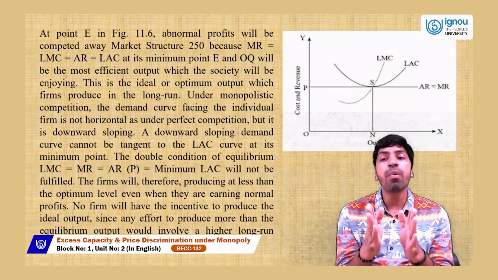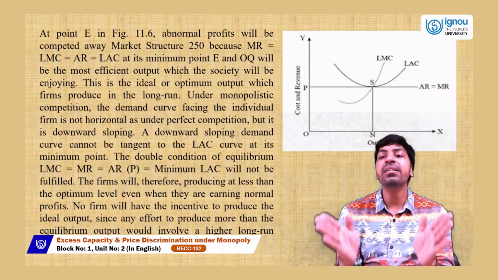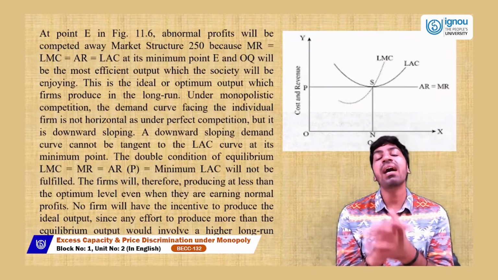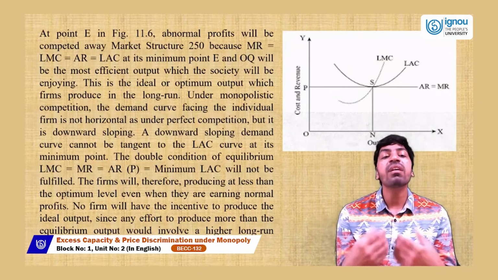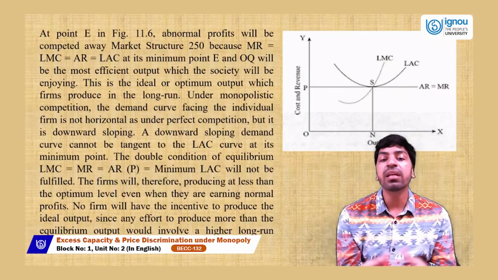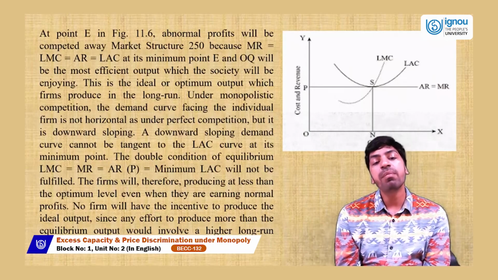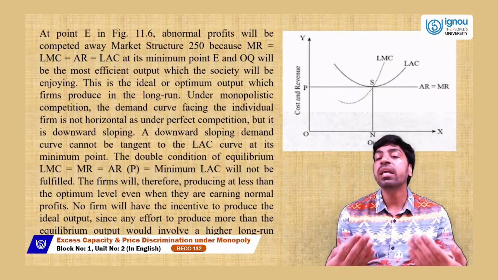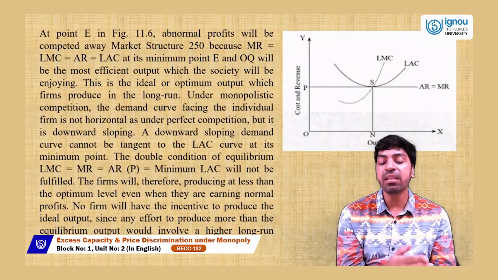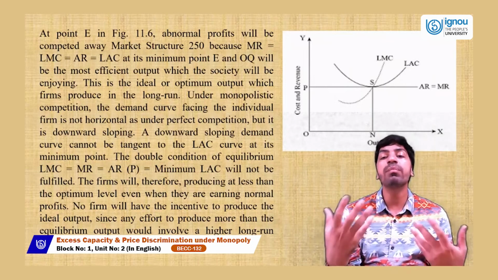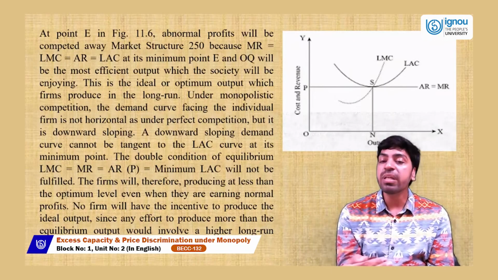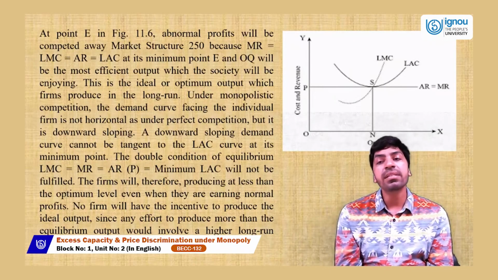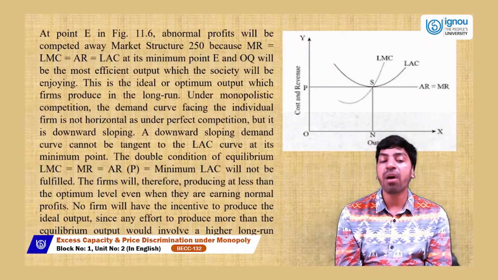The minimum point which has been intersected and tangent to the average revenue means the firms are producing less than the optimum level when they are earning normal profits. So when the firms are earning normal profits, they are actually producing less than the optimum output.